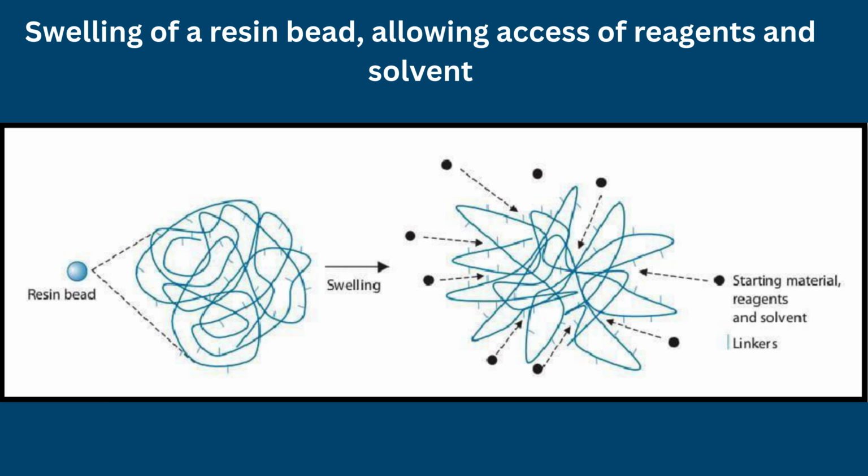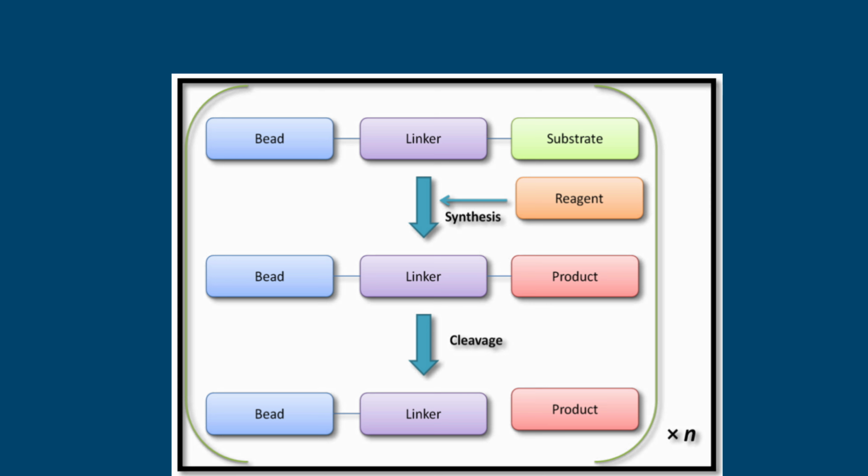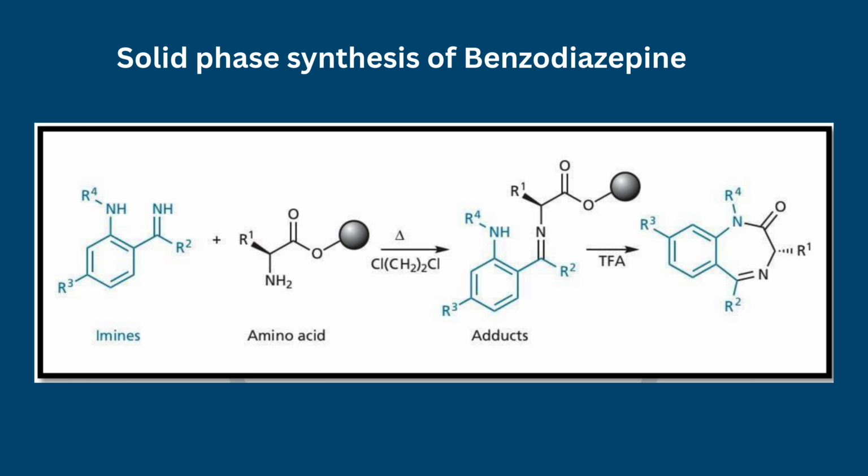Protecting groups, such as FMOC or BOC for amines, are essential for selective reactivity during multi-step synthesis. This method offers significant advantages in terms of simplified purification, compatibility with automation, and high throughput, although diffusion limitations and restricted reaction types can pose challenges.